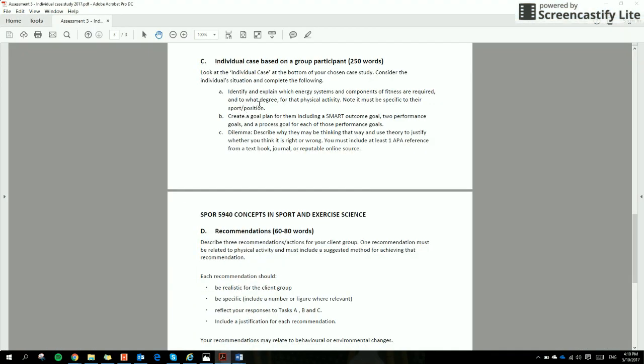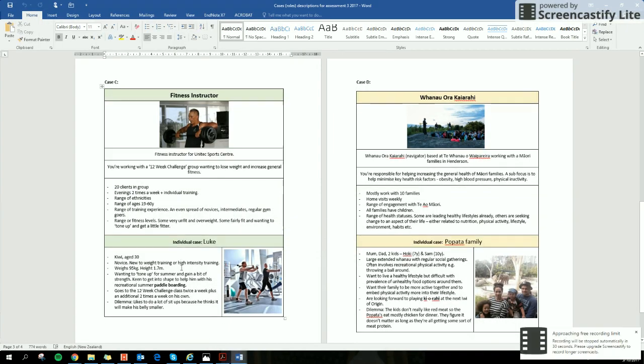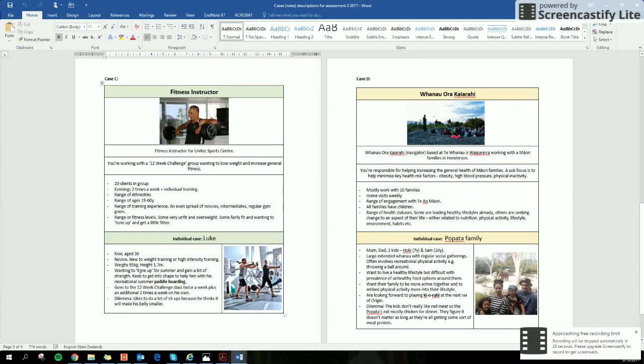As you can see here, there are 3 things. The first thing is you need to identify and explain which energy systems and components of fitness are required, and to what degree, for the particular physical activity that they're involved in. If you look at Luke, he's wanting to tone up and get in shape to help him with his paddleboarding.